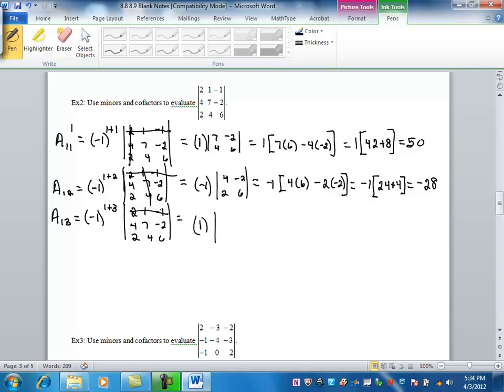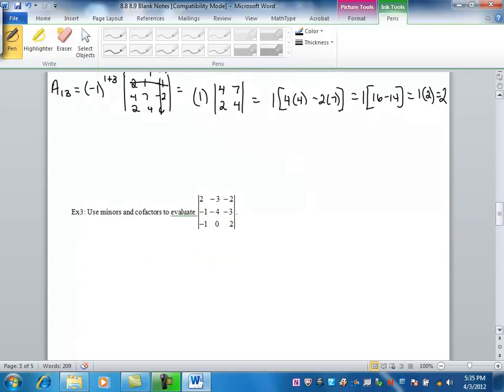Now I'm going to knock out row 1, column 3 this time, so I'm looking at the determinant of my 2 row by 2 column matrix 4, 7, 2, 4. This gives me 1 times 4 times 4 minus 2 times 7. 1 times 4 times 4 is 16 minus 14. 16 minus 14 is 2. 1 times 2 is 2. For a 3 by 3 matrix, we need to find 3 cofactors. We have succeeded in doing that.